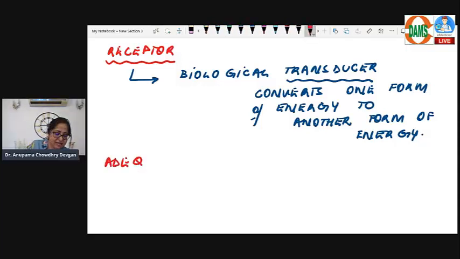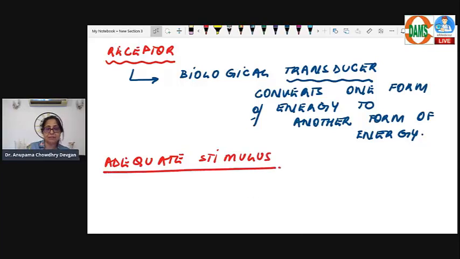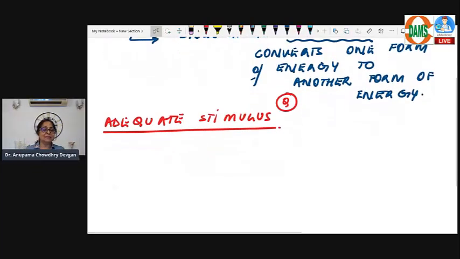What is an adequate stimulus? Yes? This is again a question which was an Ames question. For example, a very simple example: rods and cones in the retina respond to light. They will also respond to pressure.